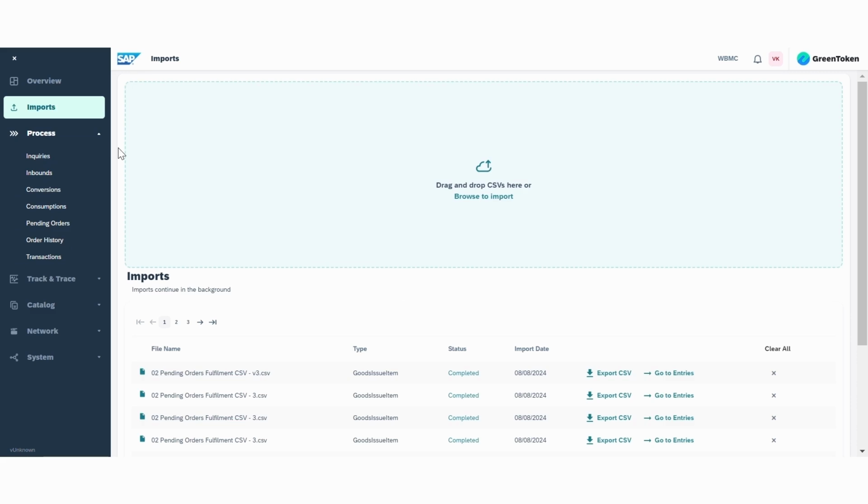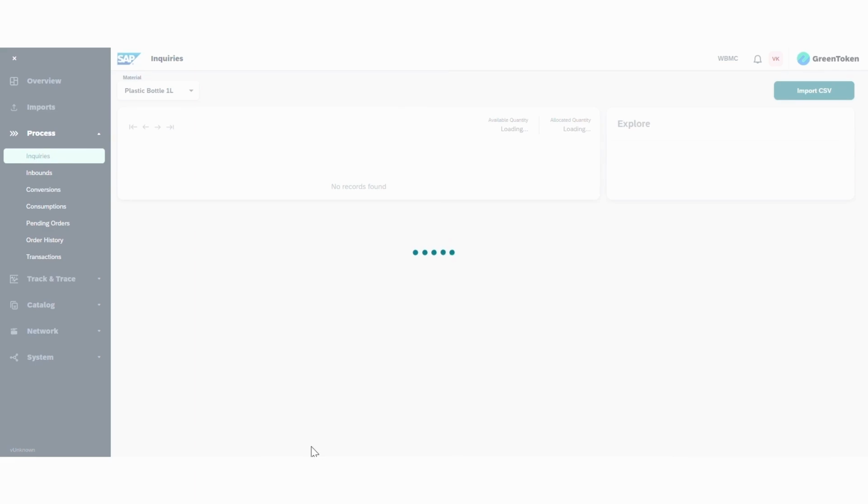A sales order could trigger the addition of pending orders, and a fulfillment or goods issue could trigger the fulfillment. A manufacturing process, so a production order or a process order, could trigger the conversions from raw material tokens to finished good. But in this demo, we're going to look at all of these steps in a manual way to be able to visualize how the flow works.